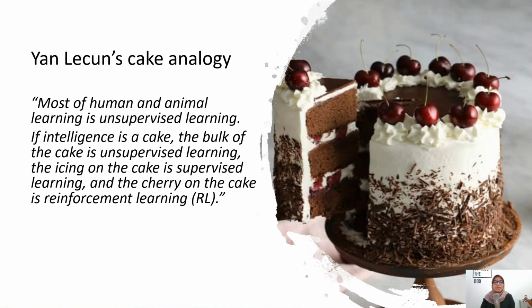So even though in this analogy semi-supervised learning is not mentioned, I want to highlight that most of the time we are more focused on supervised learning, but it is actually just the icing on the cake, because when we look at real cases, labeled data is scarce, while at the same time unlabeled data is available.